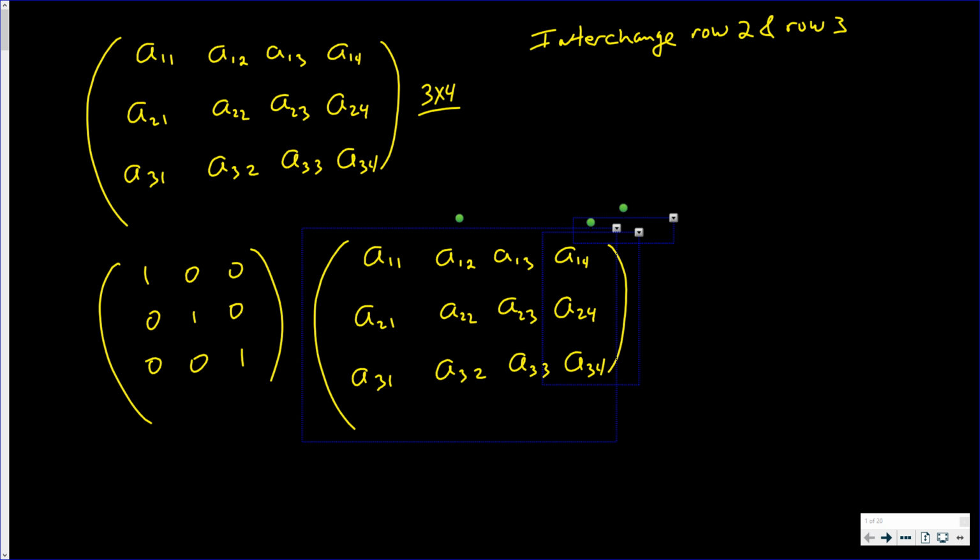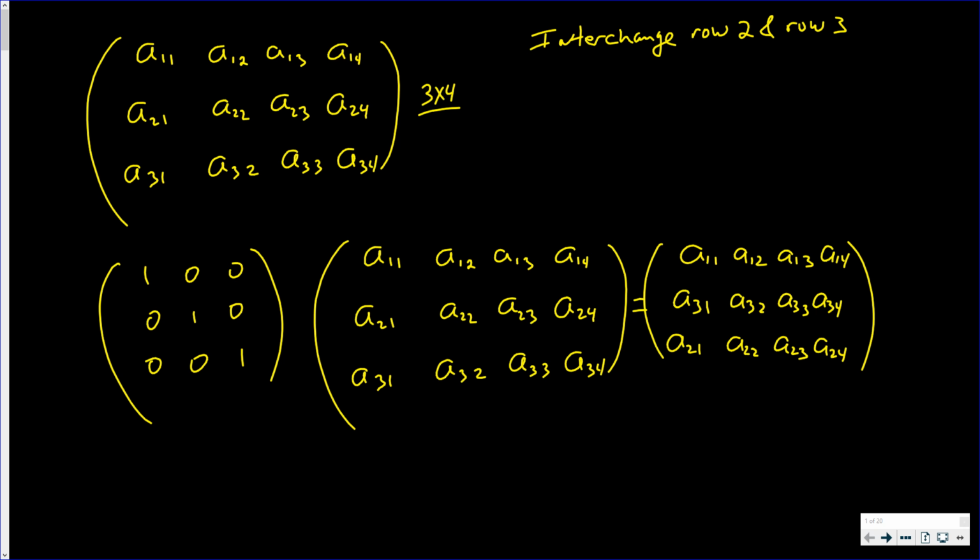For the record, what we want is row 1 not to change, row 2 to become row 3, so A31, A32, etc. And for row 3 to become what the second row was. This is what we want in the end.